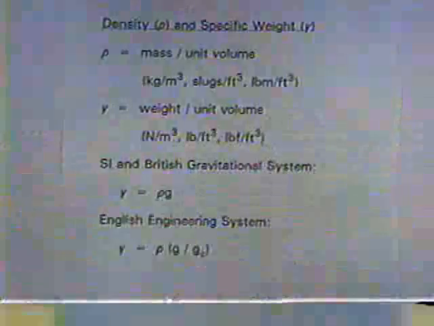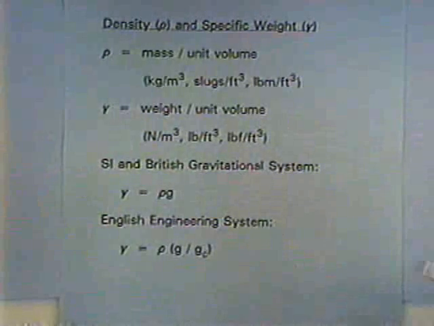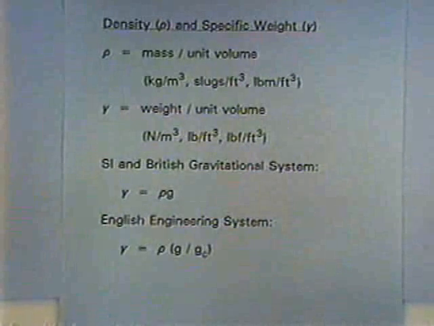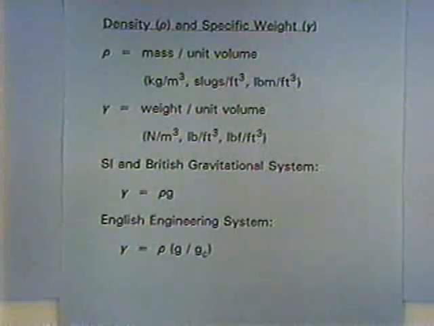Basic properties in fluid mechanics: density and specific weight. We'll be using quite a bit next week. Density is mass per unit volume, and the units are shown here on this sheet: kilograms per cubic meter, or slugs per cubic feet, or pound mass per cubic feet. And then the unit weight is a weight per unit volume: newtons per cubic meter, or pounds per cubic feet.